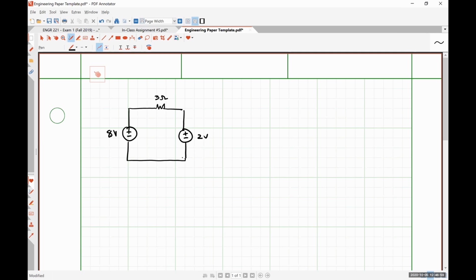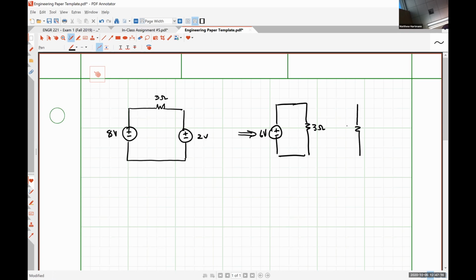Okay. So then an equivalent representation of this circuit would be 6 volts connected to a 3 ohm resistor, like so, or the 3 ohm resistor connected to... So let's see.